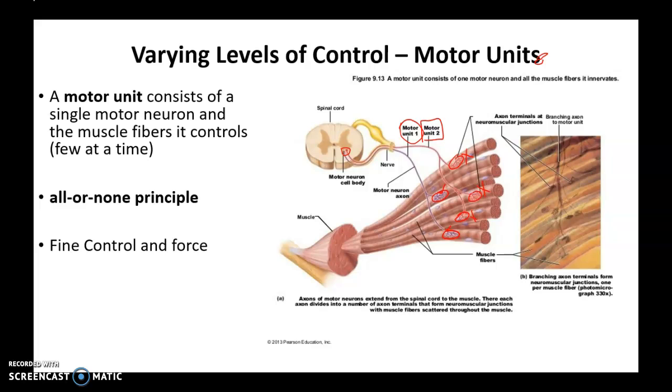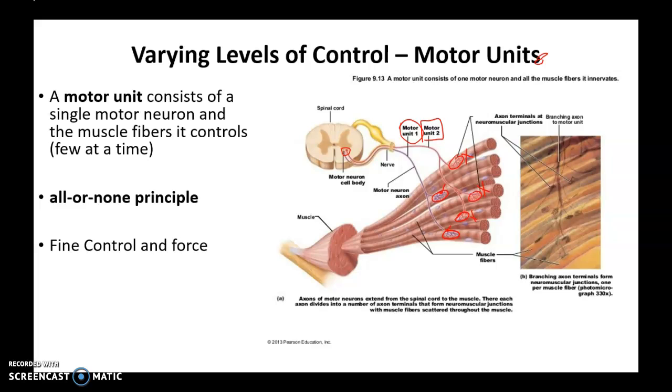If I compare you to a muscle fiber, I am a motor neuron and you are a muscle fiber. A motor neuron controlling 4 muscle fibers forms a motor unit. Make sense?